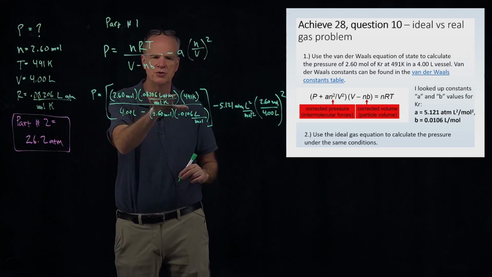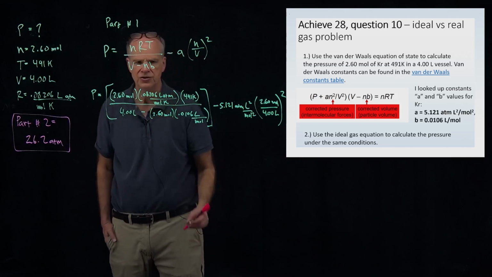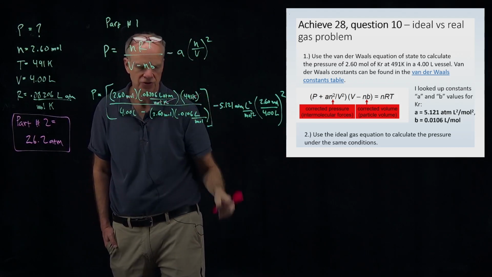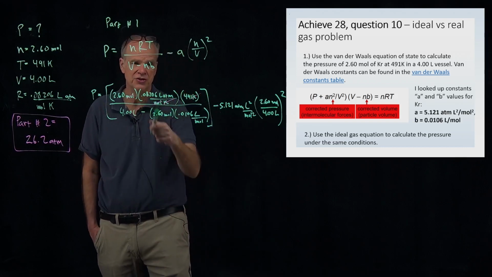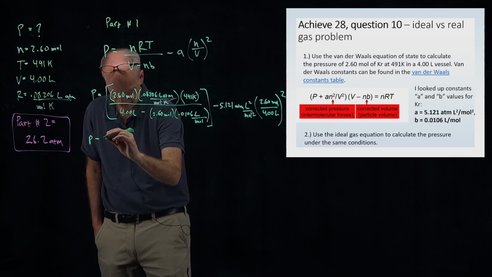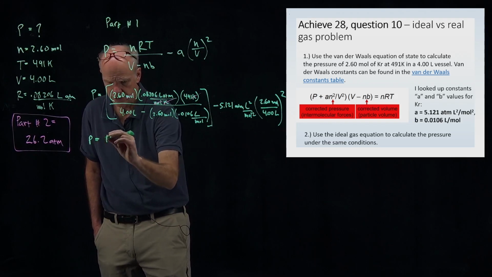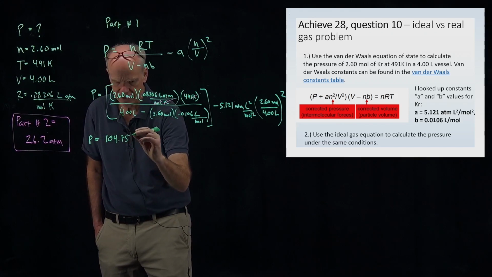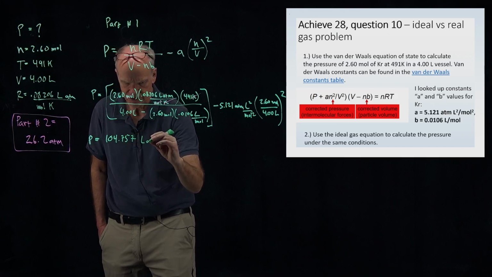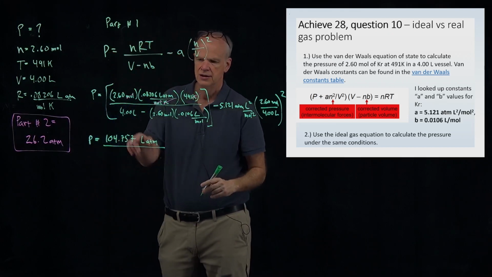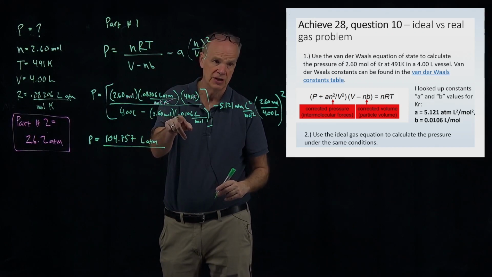So first, let me go ahead and do the numerator first. And so I'm going to cancel out units here. Moles cancel out, kelvins cancel out. So it looks like the numerator is in liter atmospheres. So pressure is equal to 104.757 liter atmospheres over, okay, before I do the subtraction, I need the multiplication first.